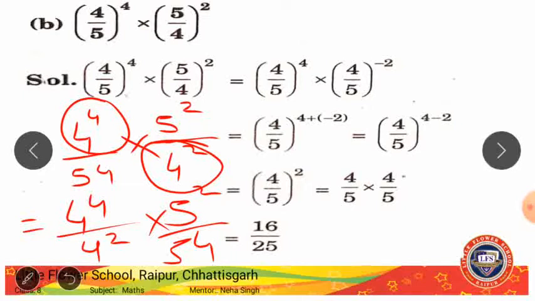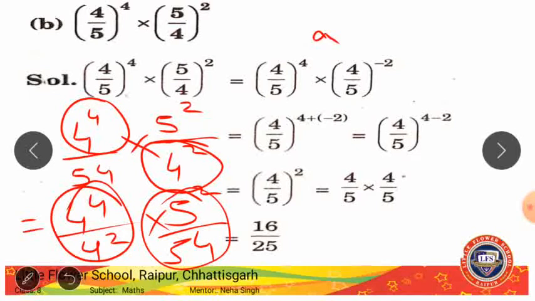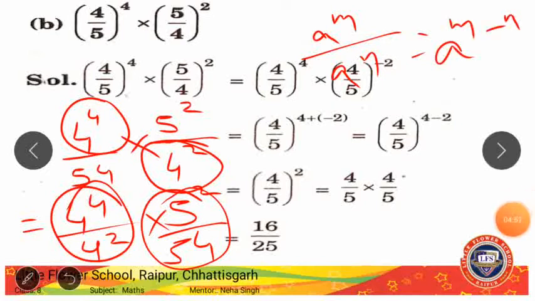Now what will we do? This is in division, this is in division, right? So a power m upon a power n, what is it? The powers are subtracted: a power m minus n. So here also we are going to subtract the powers.